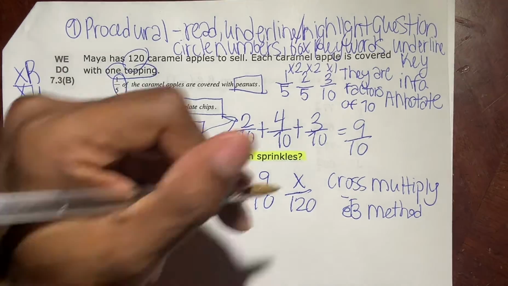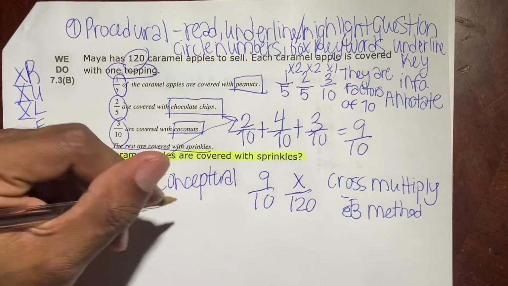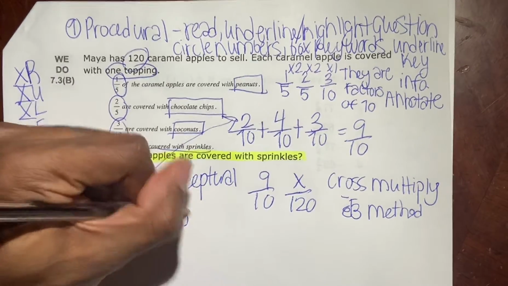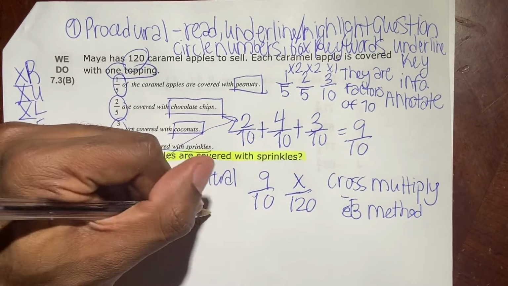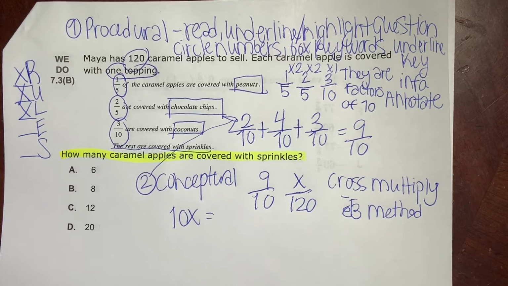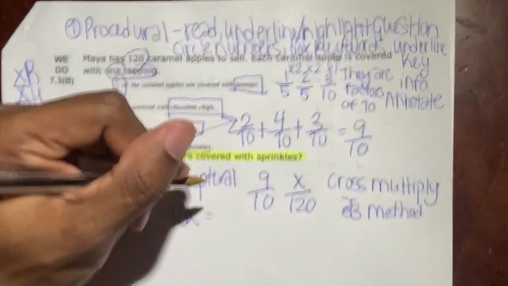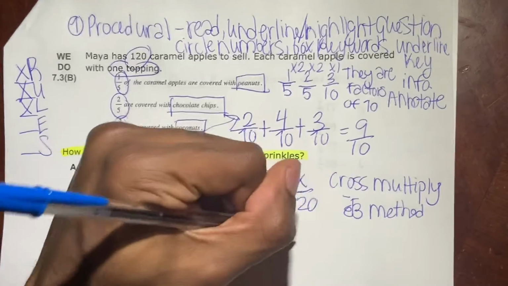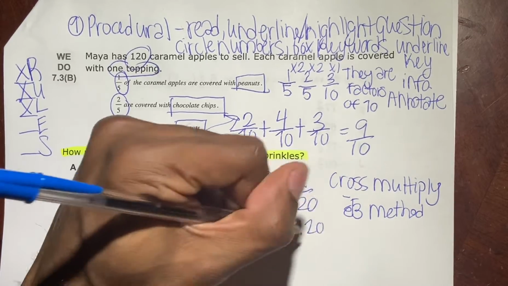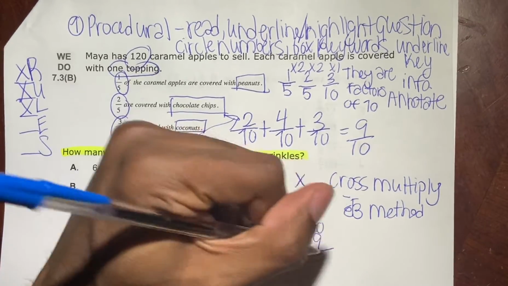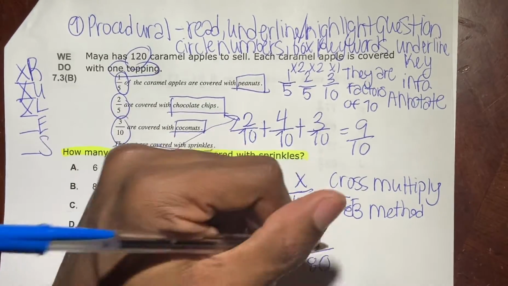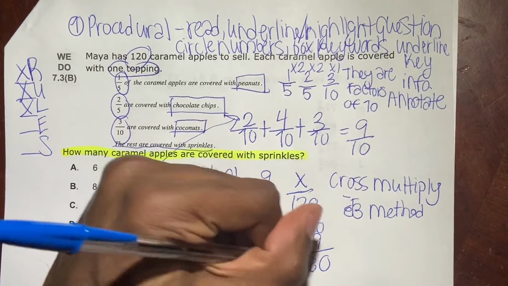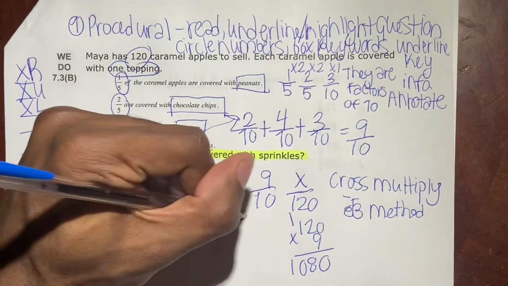So 10 times x gives us 10x. And then 9 multiplied by 120. Let's do that right here, we got a little bit of space. 120 multiplied by 9: 9 times 0 is 0, 9 times 2 is 18, carry the 1, 9 times 1 is 9, plus 1 is 1080.